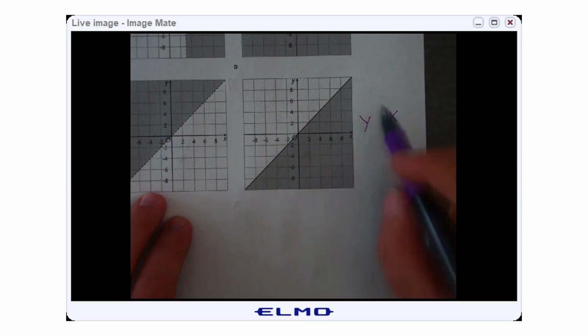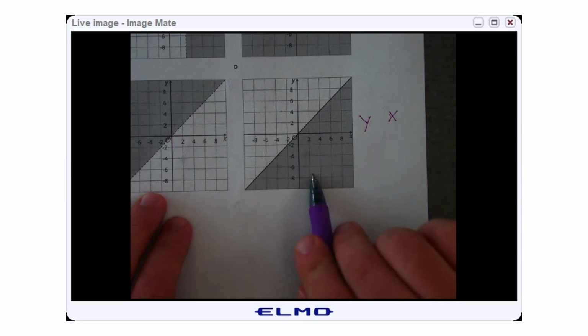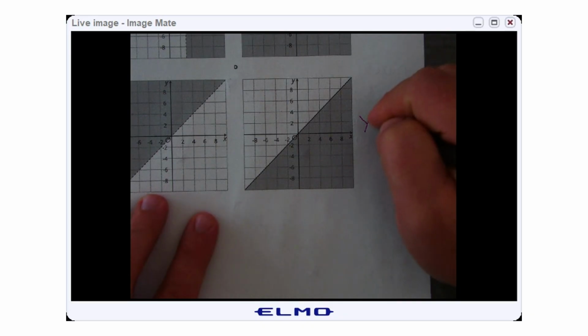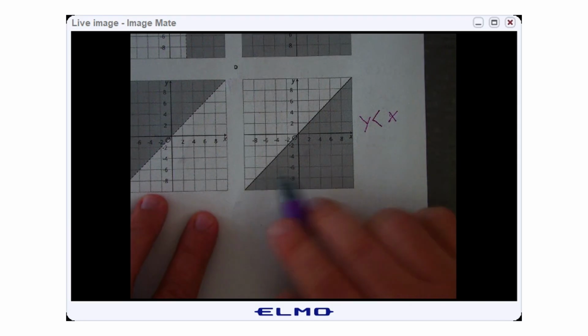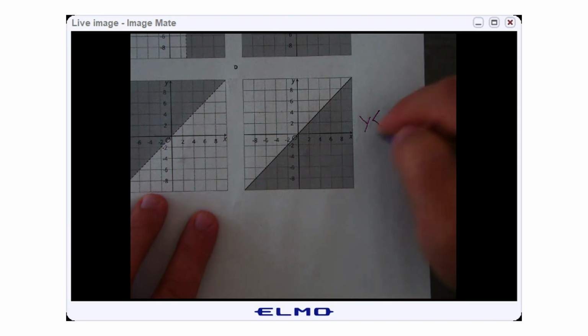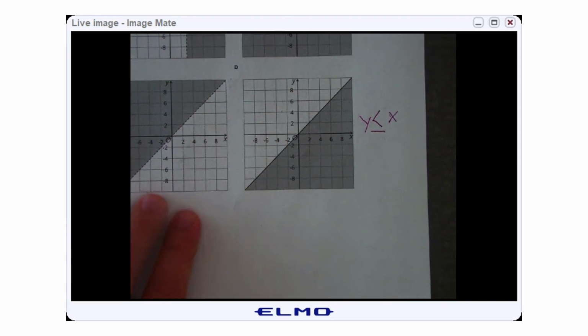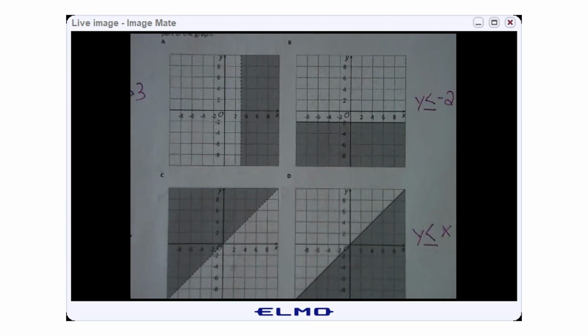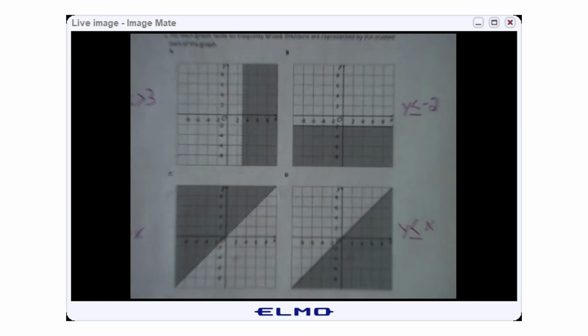So it's going to be all the values less than this. So I would say y is less than x. And because it is a solid line, I would put a line underneath that. Okay, so make sure you have all of those down, and I will see you in the next video.